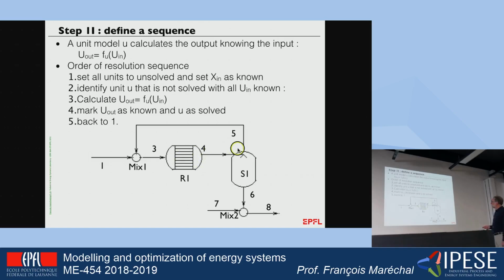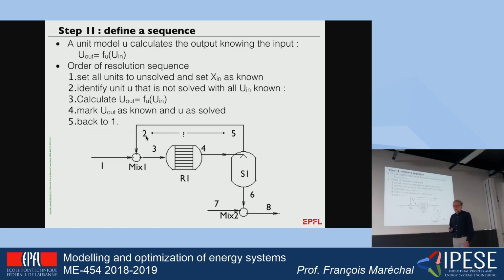Knowing 4, I would be able to calculate, by S1, the 5 and the 6. And knowing that I have the 5, I can restart and go back to this unit here and verify that the 5 that I have calculated is equivalent to the 2 that I have here.